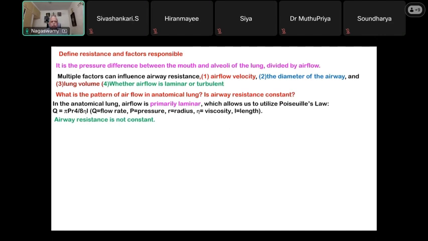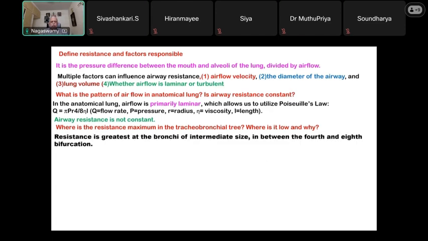So airway resistance is not constant throughout the lung field, it varies, and resistance is maximum in the tracheobronchial tree. Where is the maximum resistance in the tracheobronchial tree, where is it low, and what is the reason for it being low there? Imagine the picture that we saw in the last class, your tracheobronchial tree starting at the trachea, dividing into the right main bronchus and left main bronchus, then upper, middle and lower lobe bronchi on the right side, upper and lower on the left, and then segmental bronchi.